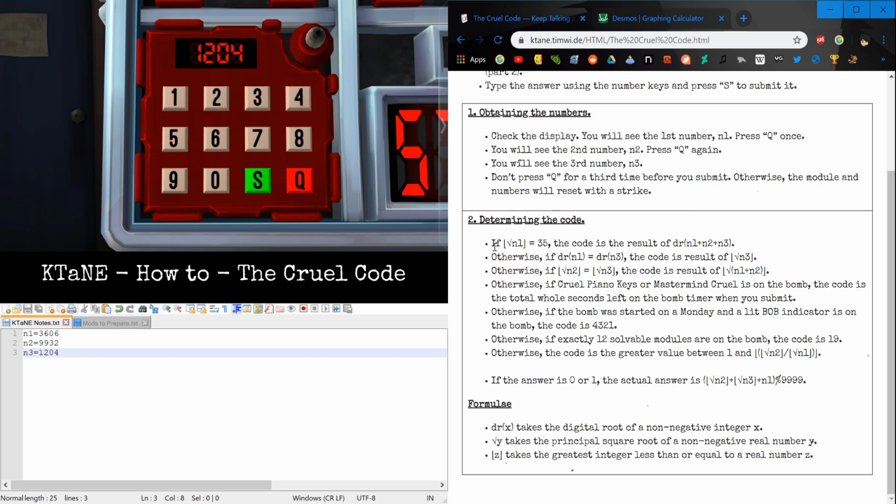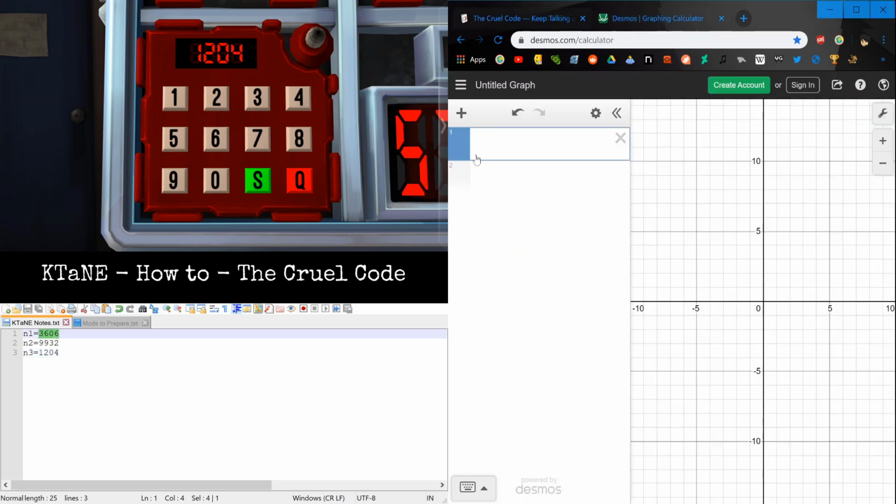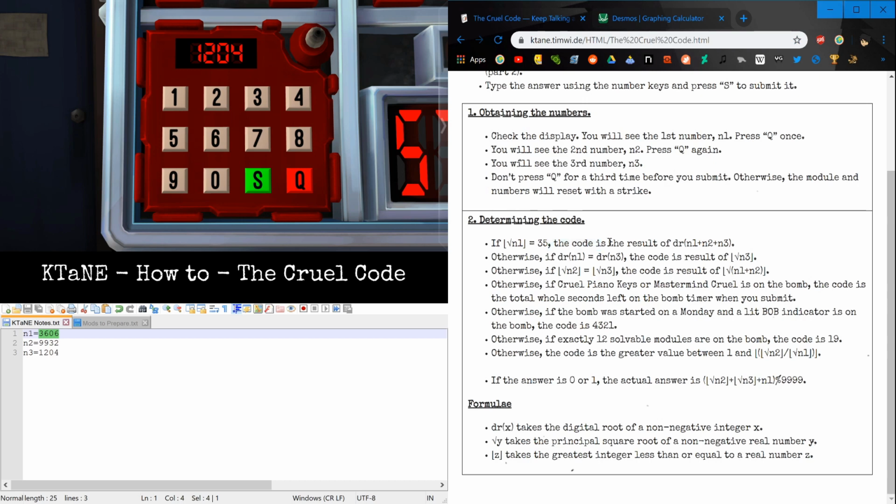So let's start. First rule: if the floor of the square root of N1 is 35. We're going to find the square root of 3606, which is 60.05. If we round down, that gives us 60, and 60 is not 35, so next.